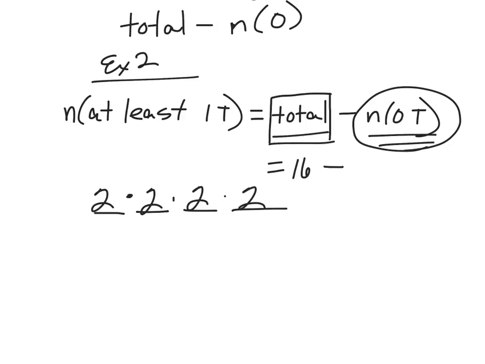No, 1. There's only one way for me to get all heads, and that's if I get head on the first, head on the second, head on the third, and head on the fourth. Right? What other way is there? That's it, right? So there's one way I can get 0 tails. So how many ways can I get at least 1 tail? 16 minus 1 is 15.